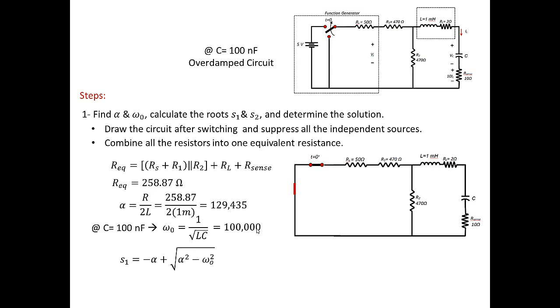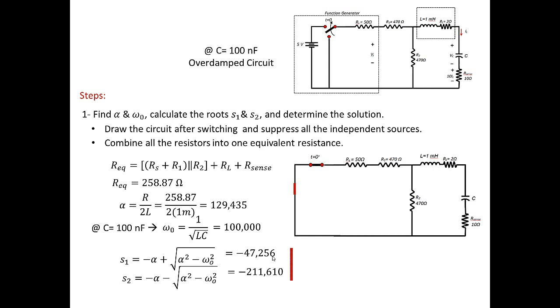S1 will equal minus alpha plus square root of alpha squared minus omega naught squared, and this will give us this number, which is negative 47,256. Now we can solve for S2, which is minus alpha minus the square root of alpha squared minus omega naught squared, and this number is going to be an even more negative number, which is minus 211,610 per second.